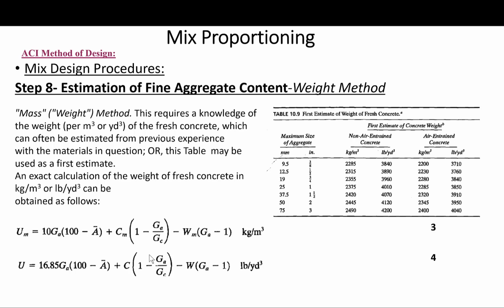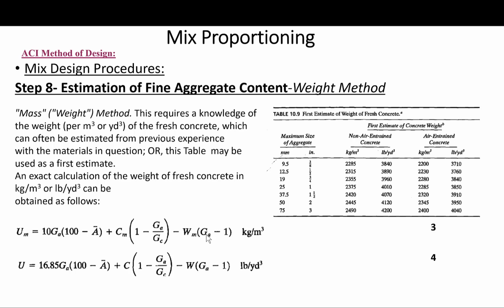Failing this, the table can be used for a first estimate of the weight of the fresh concrete. After that, we apply these equations, depending on which system of units we are using, to estimate the weight of the fine aggregate.